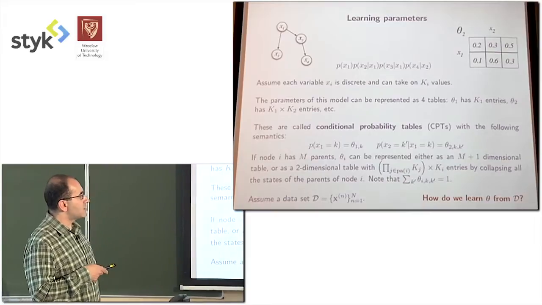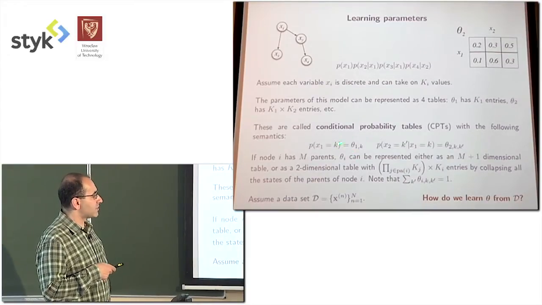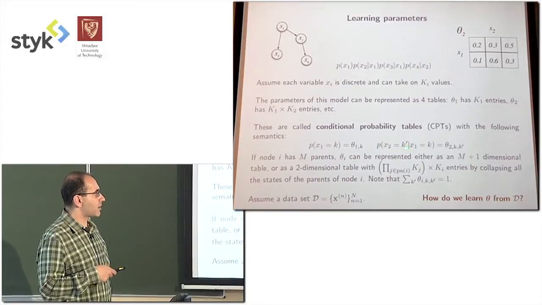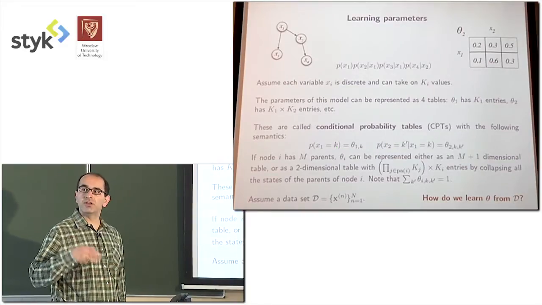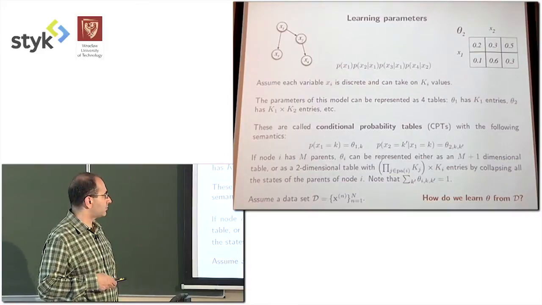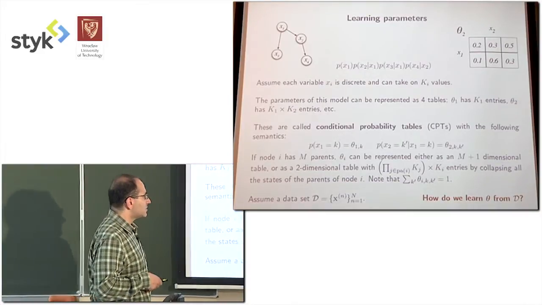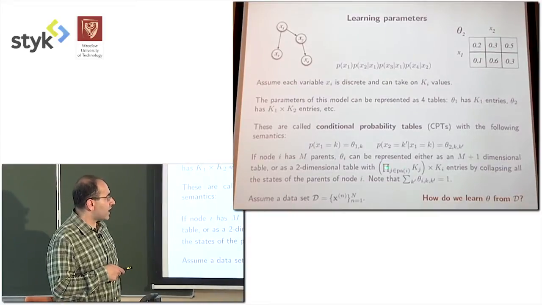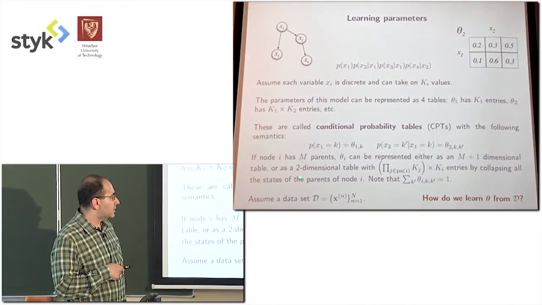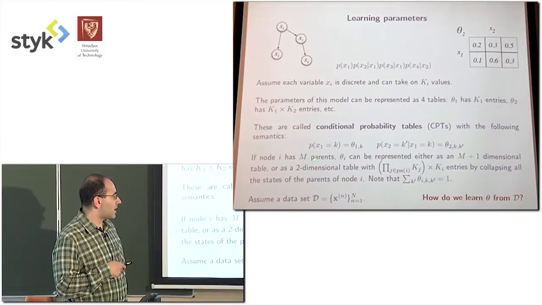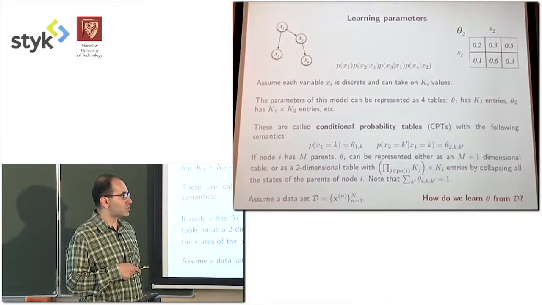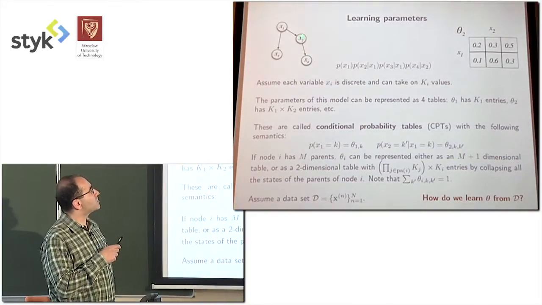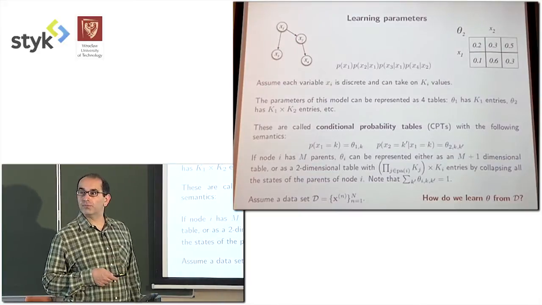Essentially, the elements of these tables represent the probability that some variable takes on some value given the value of its parents. So then there's just some notation here. These tables in general can be m plus 1 dimensional if you have m edges going into some variable.